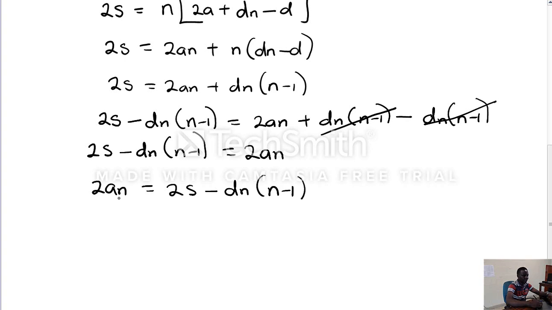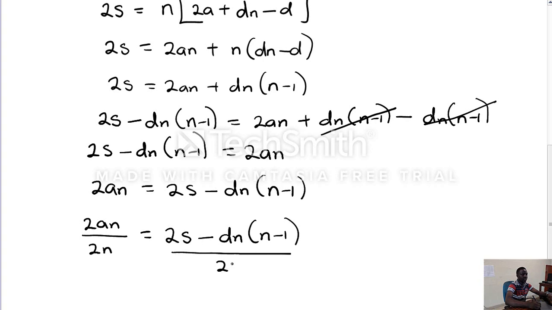Next is to divide both sides by 2n. So this becomes 2an divided by 2n is equal to 2s minus dn into bracket n minus 1 divided by 2n.